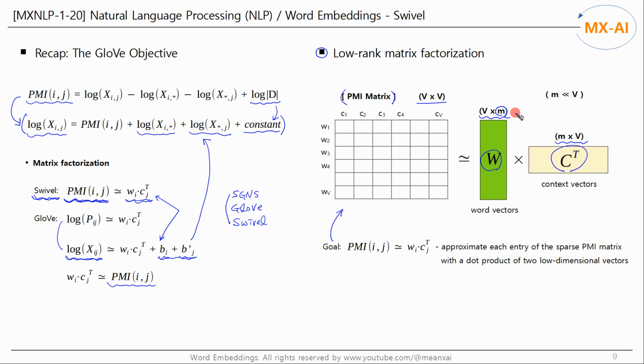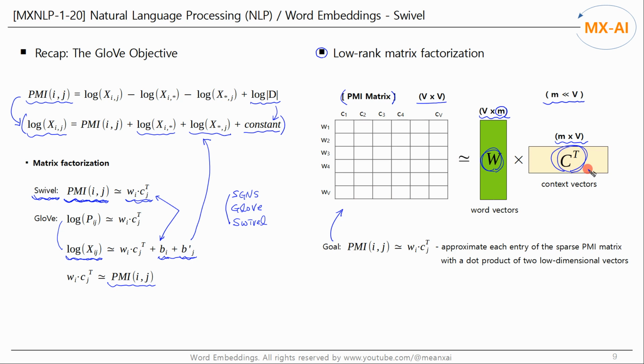In practice, M is usually a few hundred, while the vocabulary size V may be tens or even hundreds of thousands. In other words, M is much smaller than V. As shown in this figure, low-rank matrix factorization approximates one large matrix using the product of two much smaller matrices.